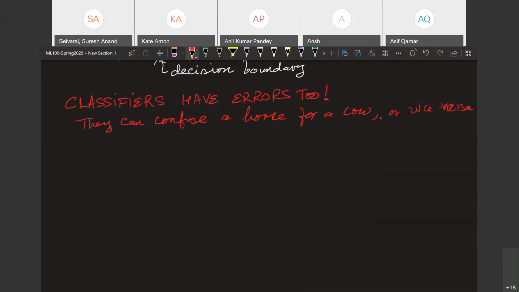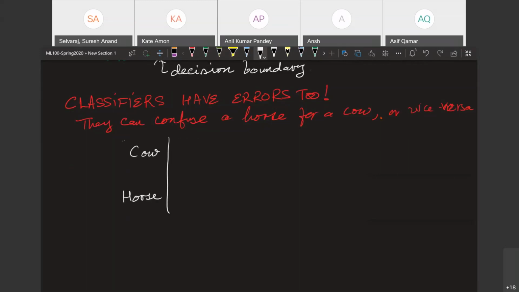So let's make a matrix. Suppose in reality, a thing is either a cow or a horse. Let us say that you know the ground truth, you know the answer, and you're asking a classifier to learn it.